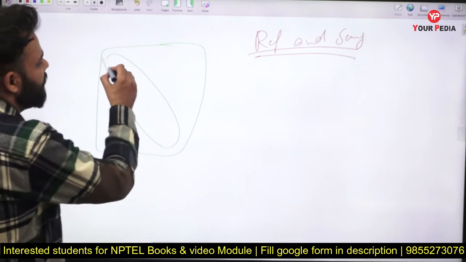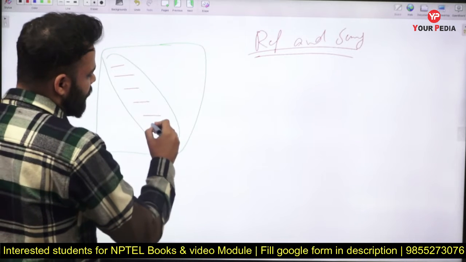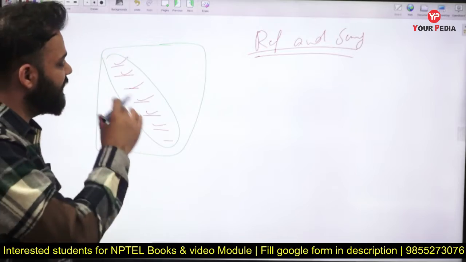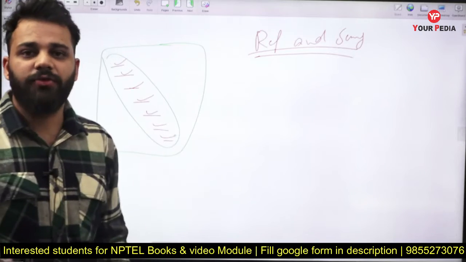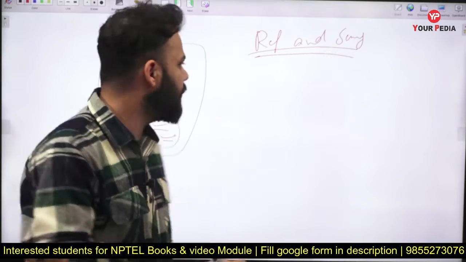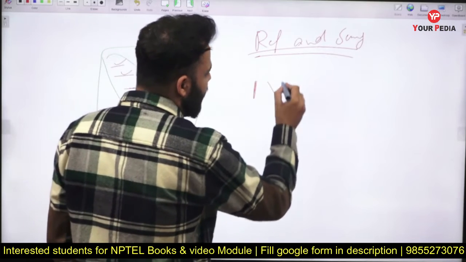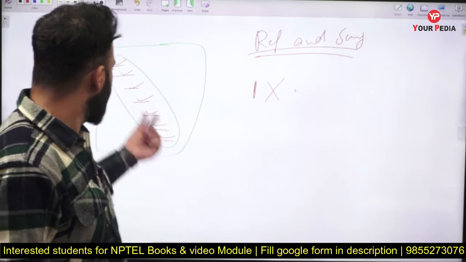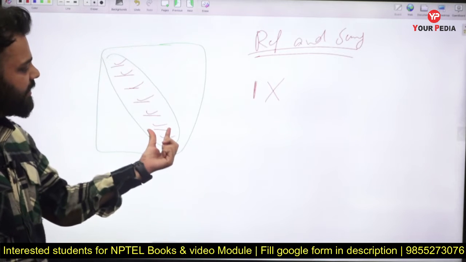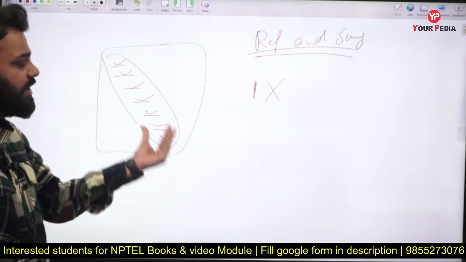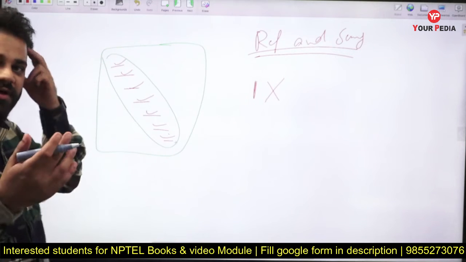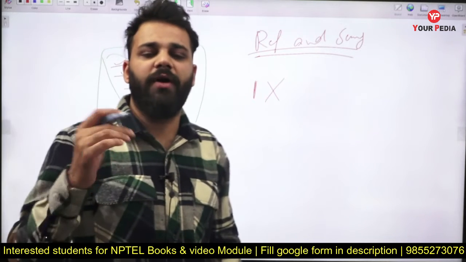So for reflexive, this has to come in whatsoever case, all the self loops should be present in our relation. So they will have only one choice, they have to come. So for reflexive, there is only one choice. Now when we were finding only reflexive relations, there we didn't have a choice for this. They need to come in our relation, but these elements had their choice. So that's why the answer was 2 raised to power n square minus n.